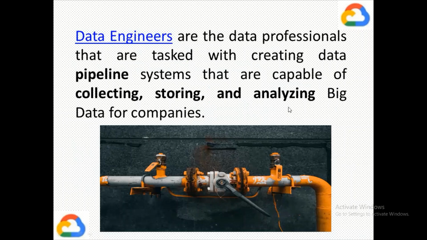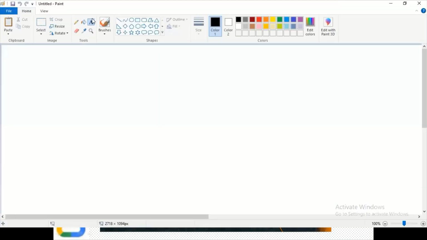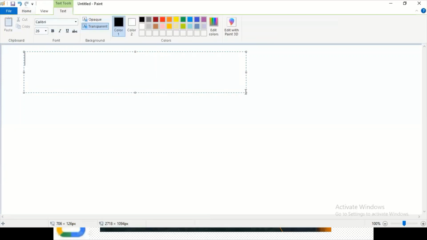Okay, there are 3 things I can talk to you about. Very simple, guys. A data engineer will collect the data. Data is already available in the warehouses and databases for a long time, the last 10 years, 15 years.